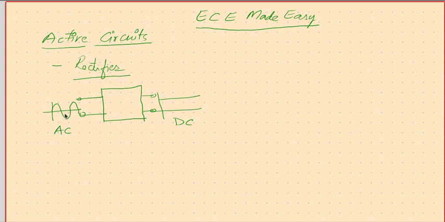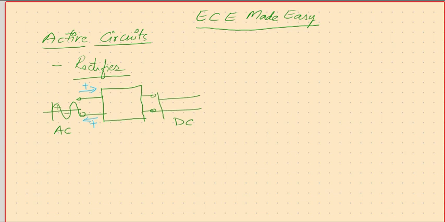AC, as the name says, is alternating current. Sometimes we have a positive cycle, sometimes we have a negative cycle. So there is an alternating positive and negative cycle. When we have a positive cycle, there is a flow of current in this direction.